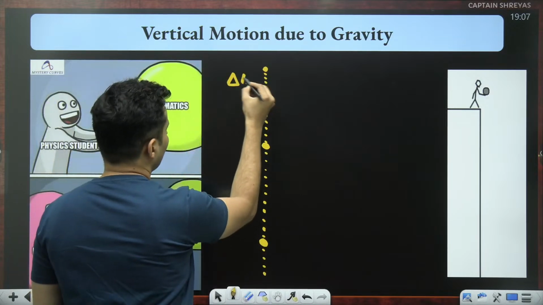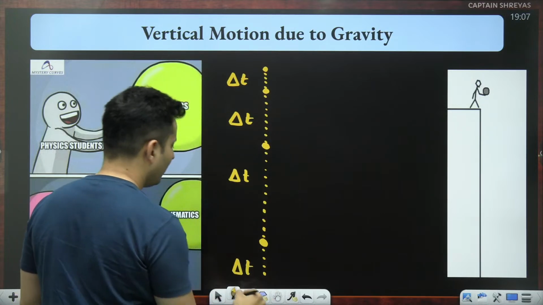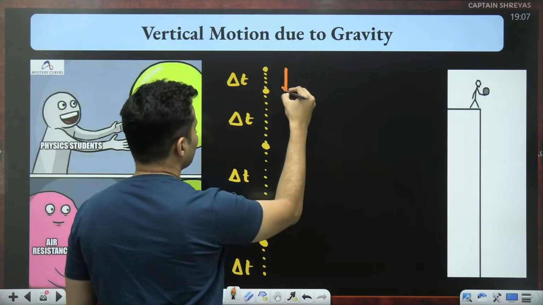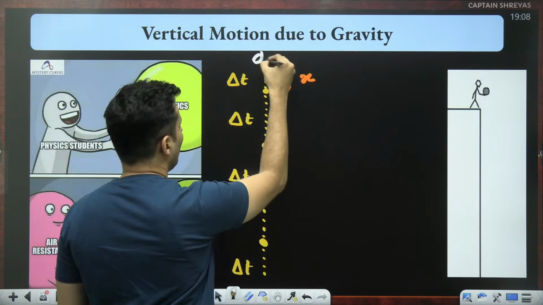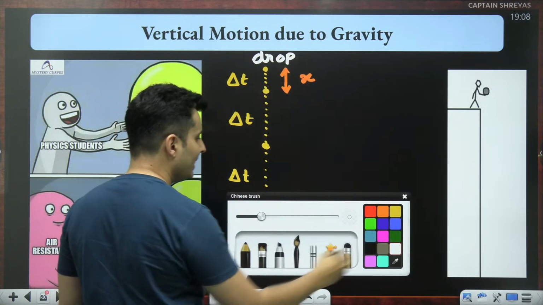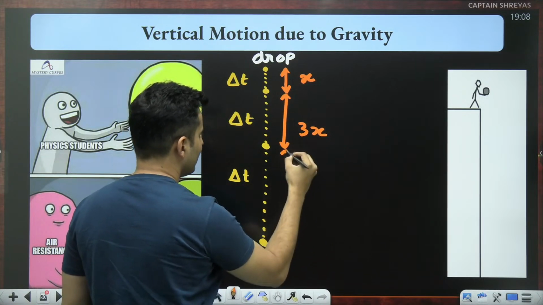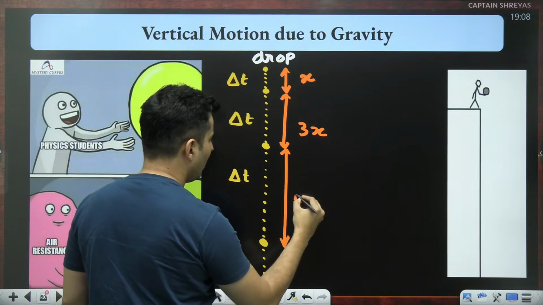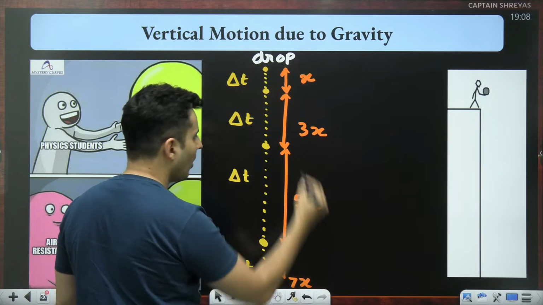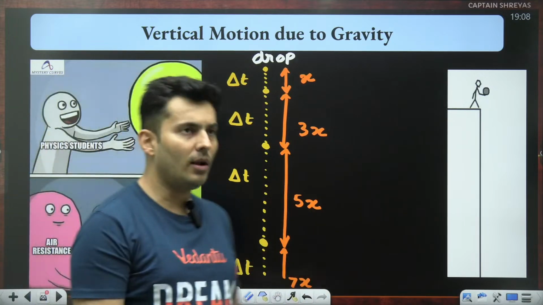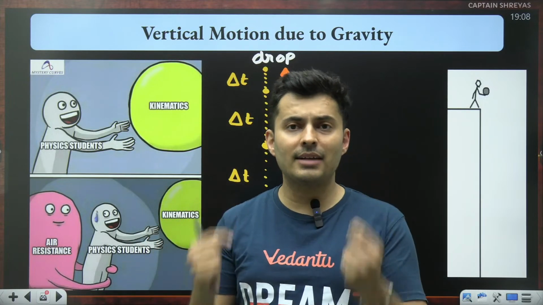If this is one time interval, this is one time interval, this is one time interval, this is one time interval, you will notice that this distance, if it was x, assuming that this particular object was dropped, next instant it will move an amount of 3x, next instant it will move an amount of 5x, 7x, and so on and so forth. Basically, odd numbers ratio. So whenever you drop something, it is not going to do a uniform motion. It will have an accelerated motion.